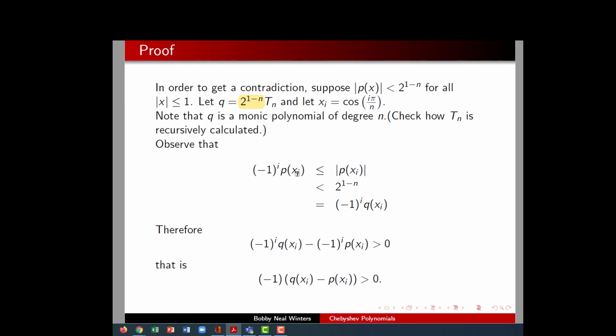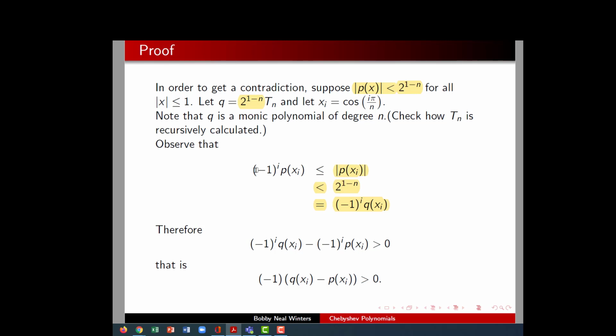And now we'll go through and consider -1 to the i times p of x sub i. It's less than or equal to its absolute value, and by the contradiction hypothesis, we know that this is true. And we know that this is true from those formulas that we calculated about the Chebychev polynomial.